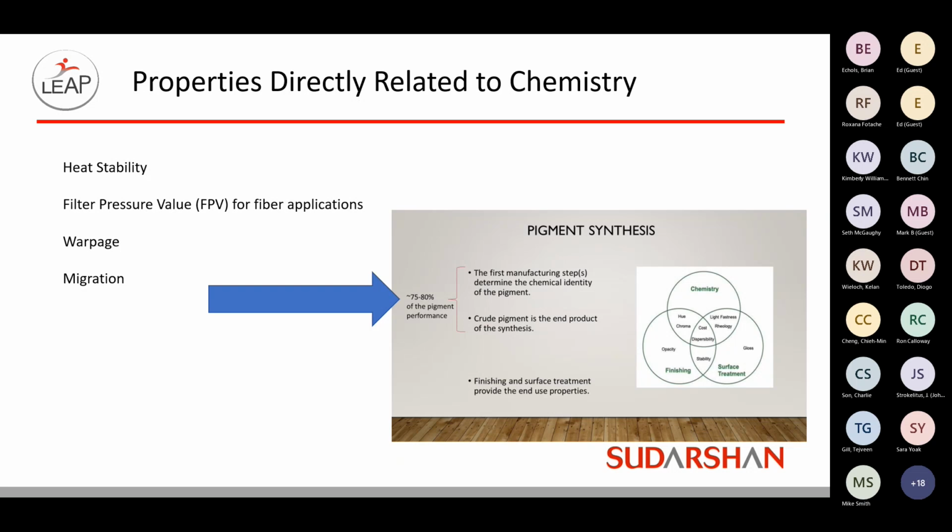It's that 75% performance criteria that we know impacts it from the chemistry perspective. So the following examples will demonstrate that.